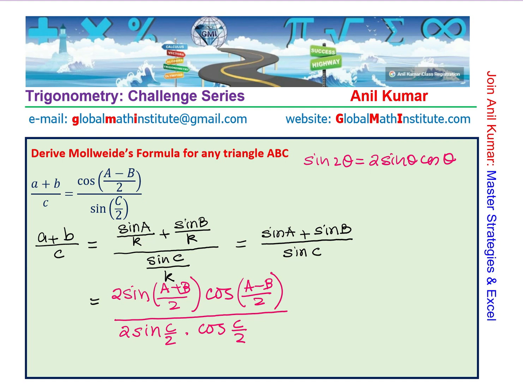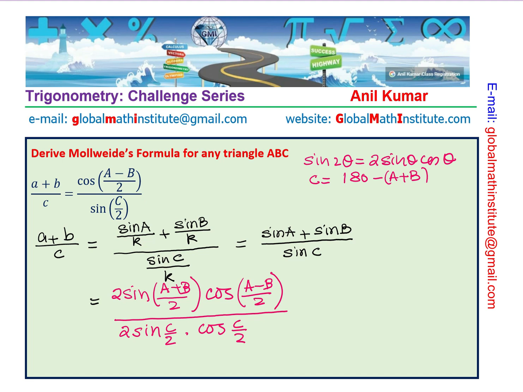So C is 180 minus A plus B. So if we have cos C by 2 and sin C by 2 right there, because we want sin C by 2 in the numerator, but we do not want sin A plus B by 2.